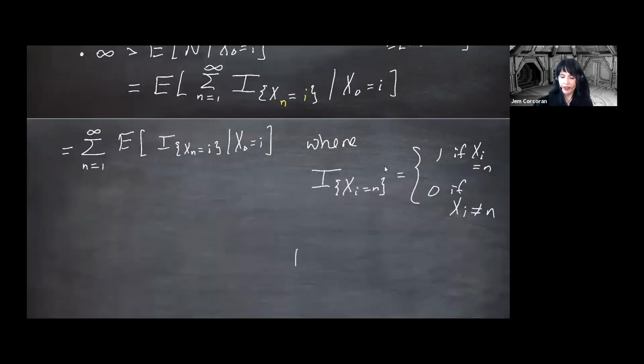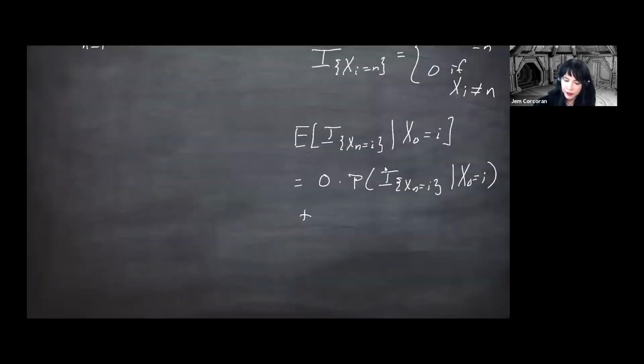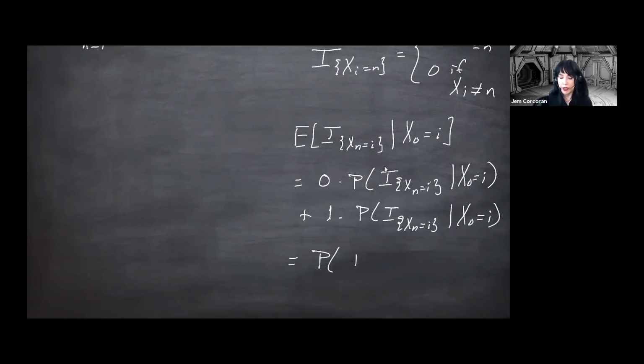The expected value of the indicator that xn equals I, given x0 is I. This is 0 times the probability the indicator is 0, given x0 is I, plus 1 times the probability the indicator is 1, that xn is I, given x0 is I. Those needed to be in there.